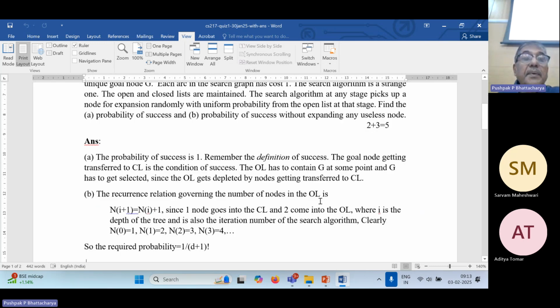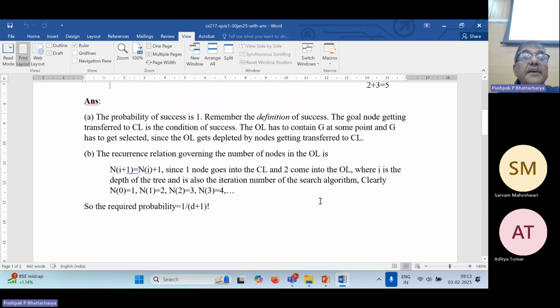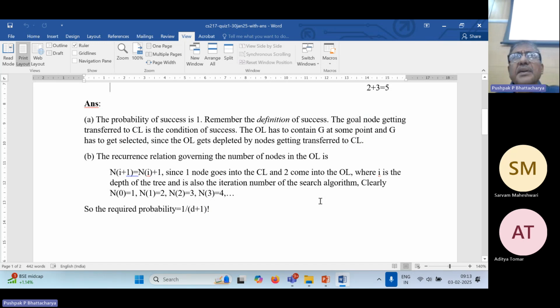So most of you have got this correctly. The first point is, I thought, a little tricky one because some of you have not got the answer right. The probability of success is exactly 1 here.